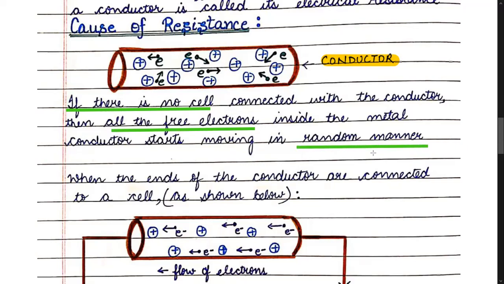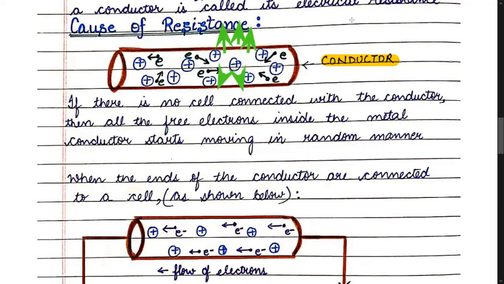Random means any arbitrary direction. There is no particular flow direction of electrons.